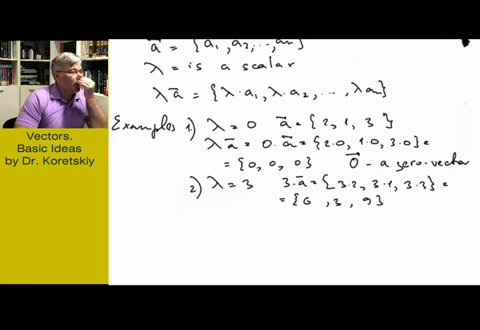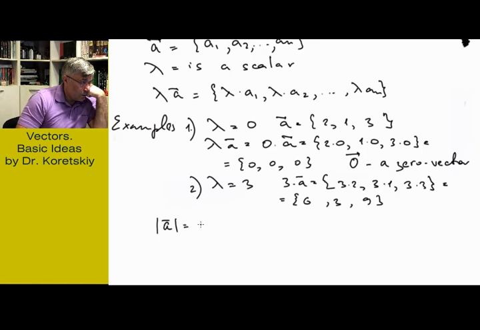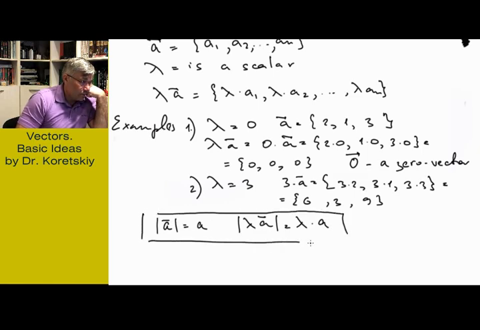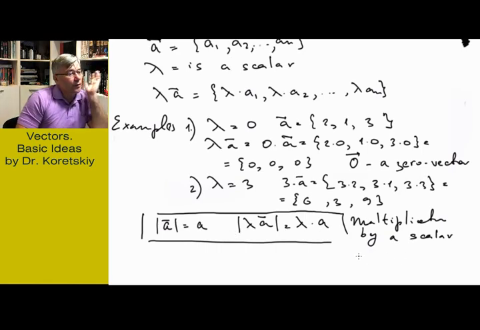Maybe I'll give you one more thing here. You can notice that if the length of the vector is A, then the length of the vector multiplied by a scalar gives you lambda times A. So what does multiplication by a scalar mean?